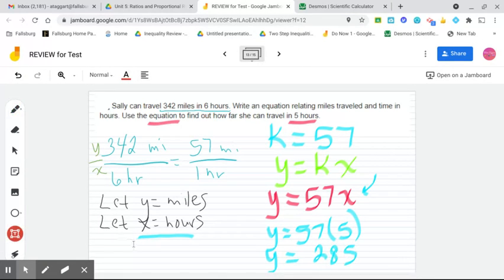So we should write a sentence explaining what this 285 means. It says, how far can she travel in 5 hours? She can travel 285 miles in 5 hours. Pause if you need to so you can copy.